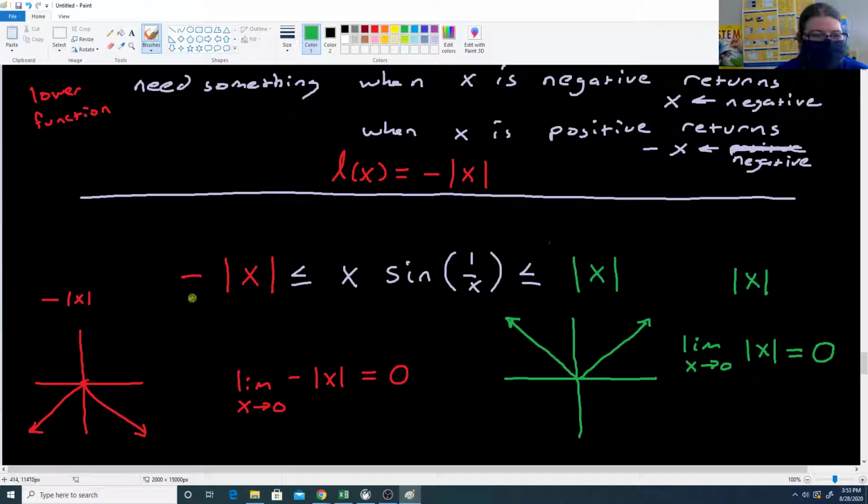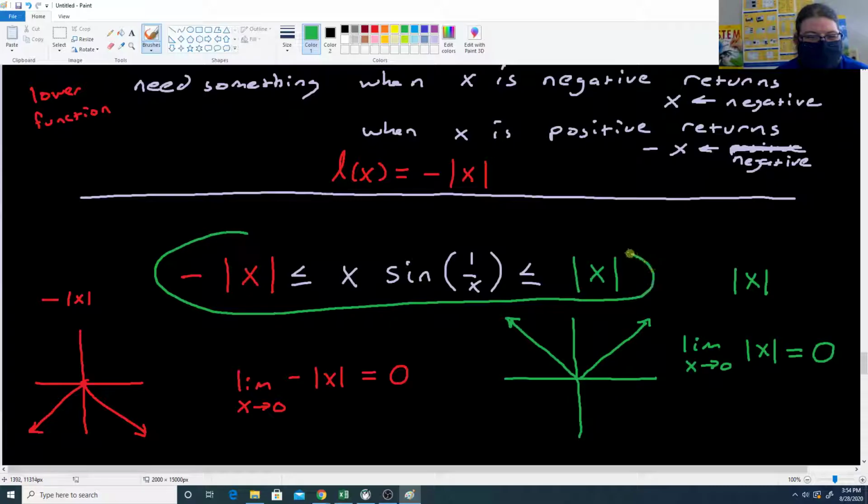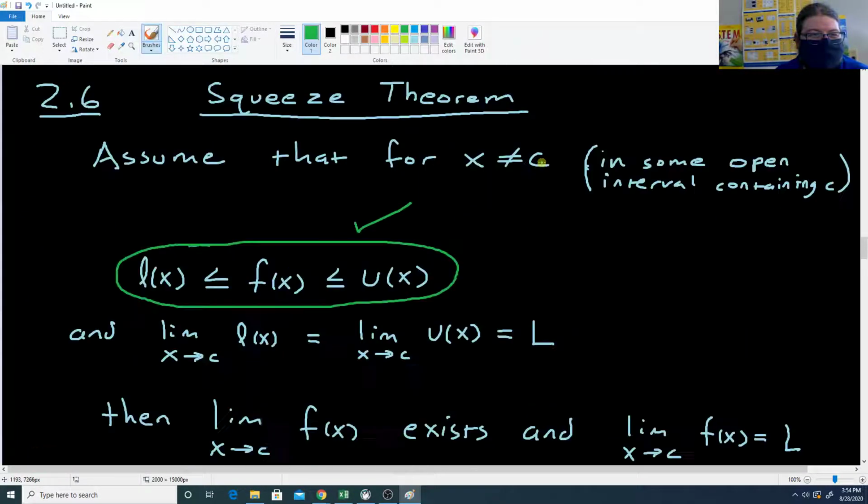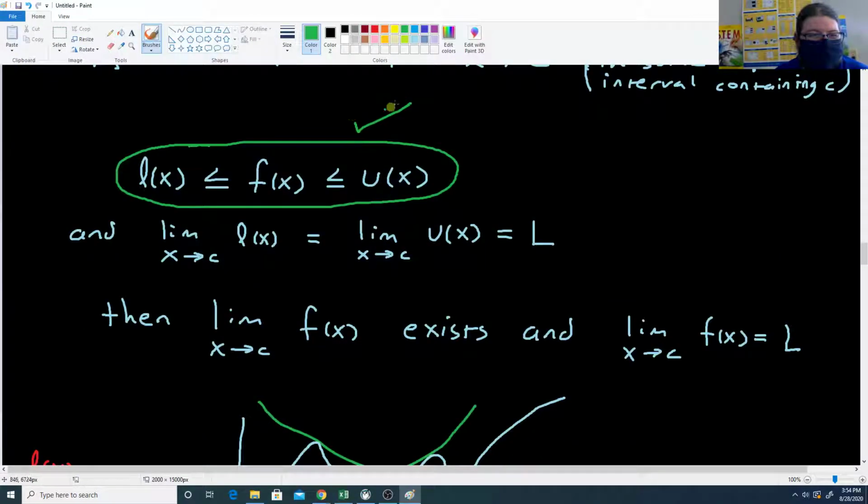So this statement here, that we did all that work initially to get, verified that we had that: the lower function is lowest, the middle function is in between, and the upper function is the largest. Now we're trying to work on this, and I think we've just done the work to show that this is true.